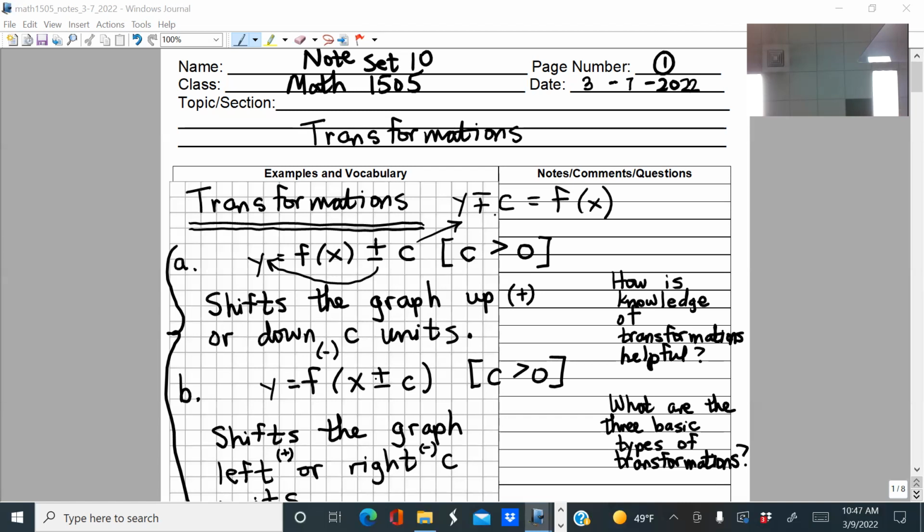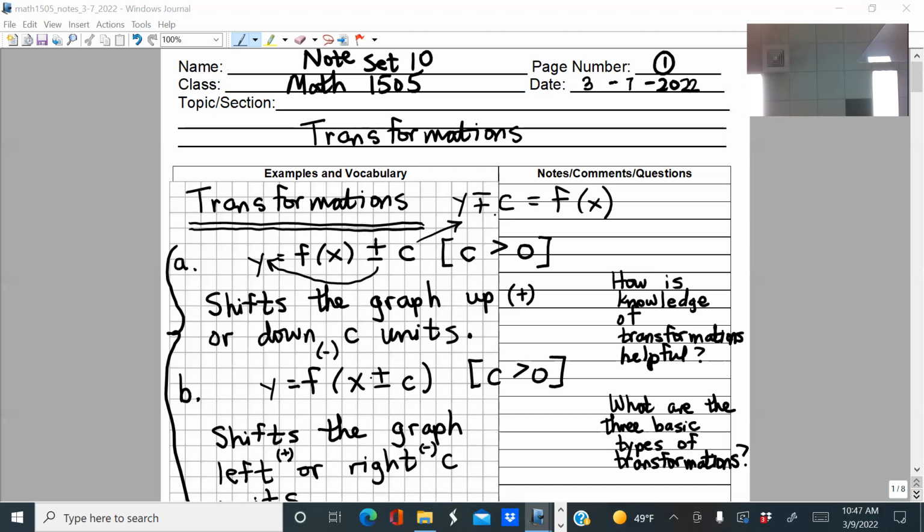Same thing here. If you add the constant to x, you're shifting the graph in the negative direction along the x-axis. If you subtract the constant from x, you're moving the graph to the right. So really these two shifts are identical.